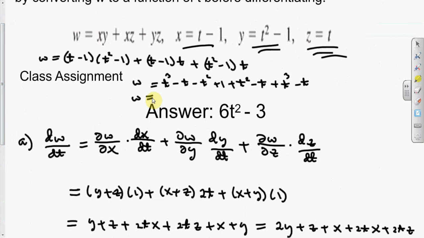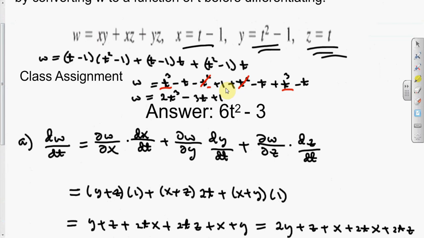So W is 2t to the third. And then let's see, what about the t squares? They cancel out. And then we have minus t, and minus t, so that's minus 3t, and then plus that 1.